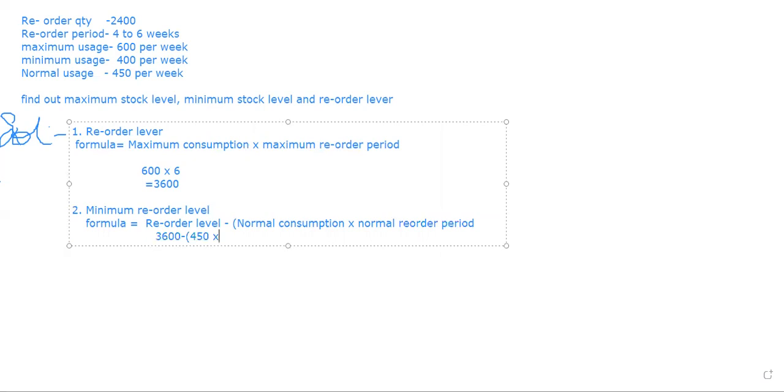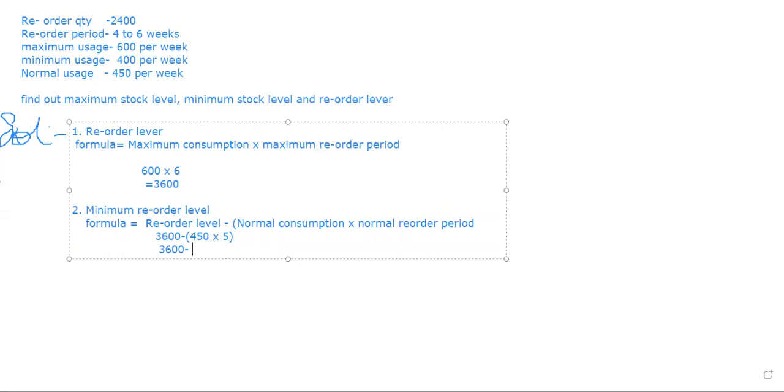Now I said he gave reorder period 4 to 6, means 4, 5 and 6. So a normal 4 will become a minimum, 6 has become a maximum. So in between, the 5 is our normal point. So normal I'm going to multiply. Therefore it is 3600 minus 450 into 5.